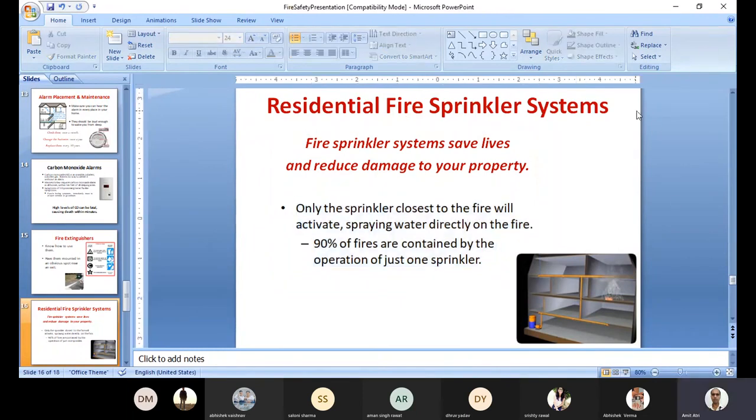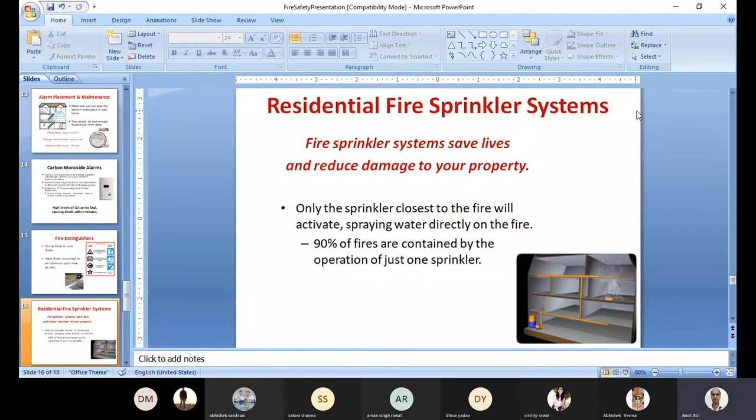It should be automated. Automatically, the smoke can be detected, and after detecting the smoke, the alarms should be activated, and at the same time the fire sprinkler system can be activated. So it saves life as well as property, minimizing the damage due to fire.